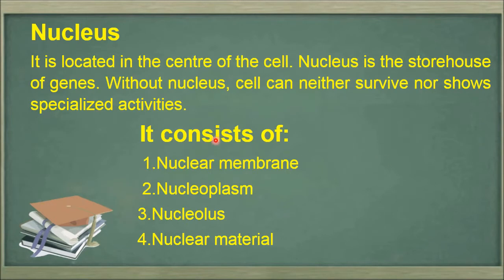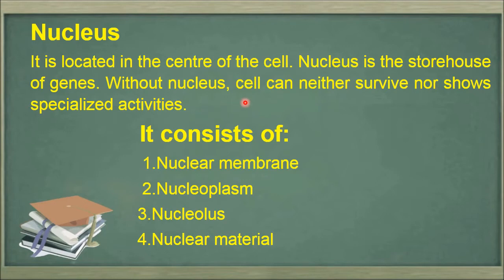Nucleus. It is located in the center of the cell. Nucleus is the storehouse of genes. Without the nucleus, a cell can neither survive nor show specialized activities. As I earlier also told, it is the brain of the cell.